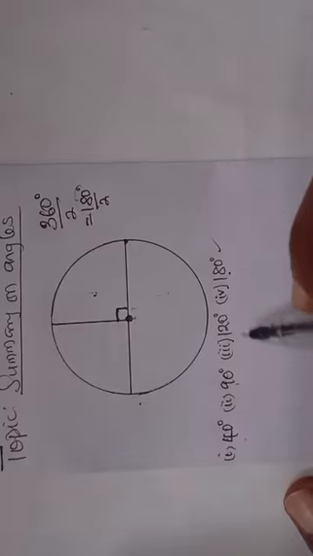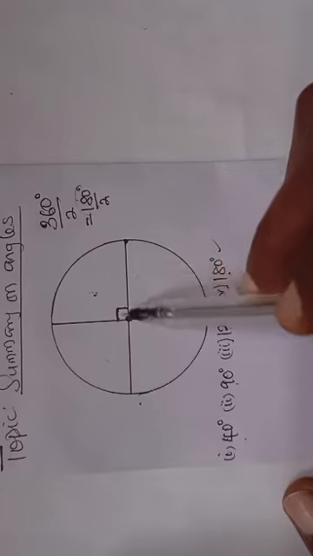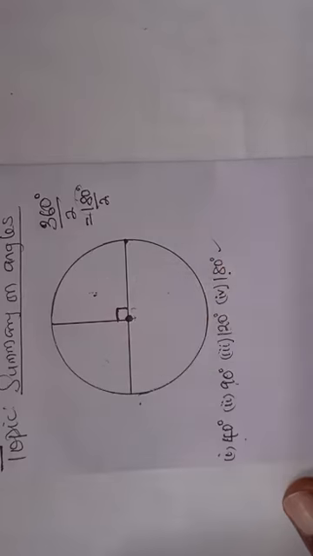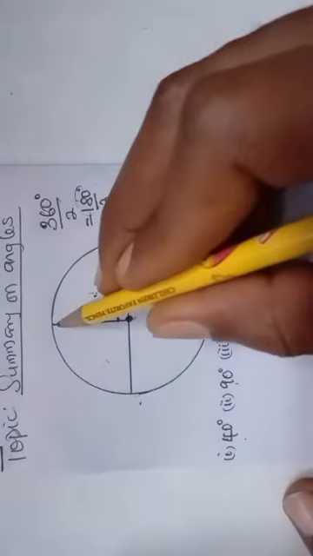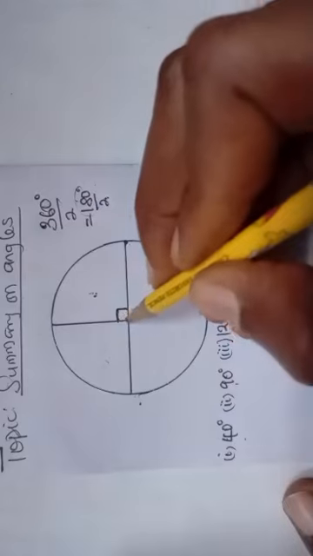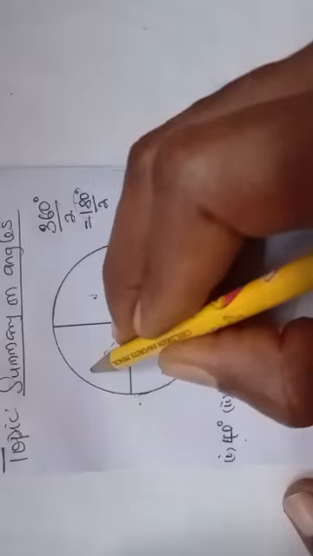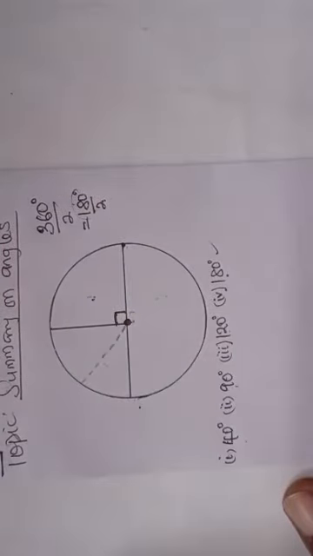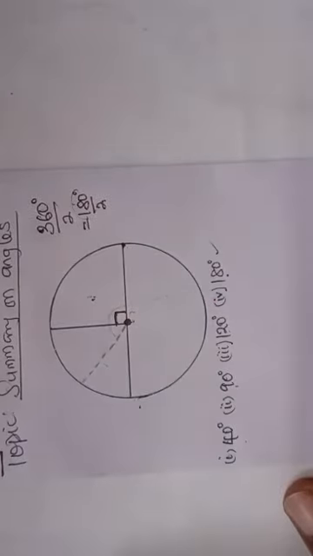Now 120, it means that since here is 90, then the one that will make it 120 must fall on this side. So possibly, let me just use pencil, maybe from here to here is 90. Maybe from here now to somewhere around here. That means all the angles in this place is 120 degrees.